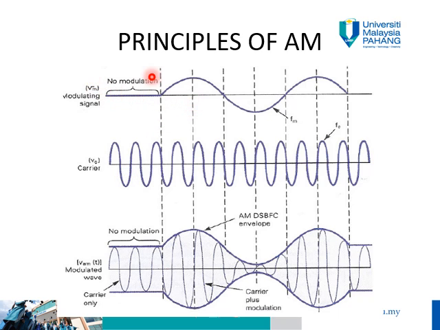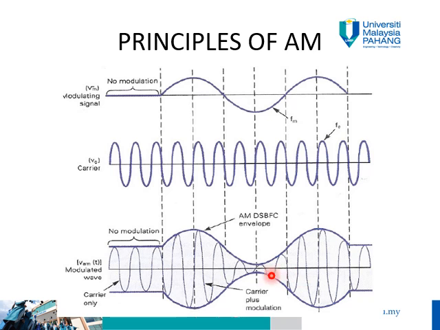By combining these two signals, modulating and carrier, we produce the AM envelope. This is the AM modulated wave, VAM, and this is the envelope.